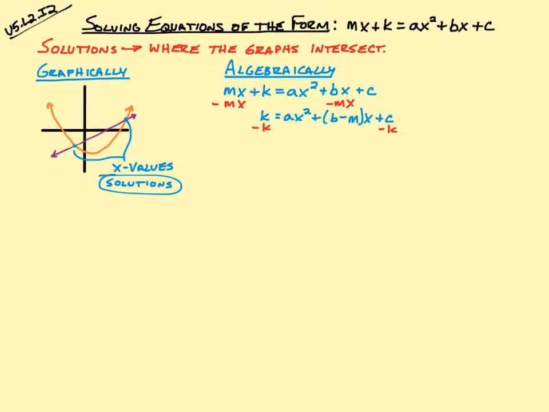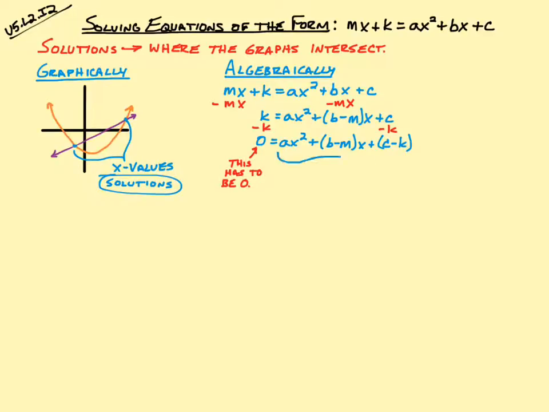And then we have to subtract k from both sides, and we'll get 0 equals ax squared plus b minus m x plus c minus k. Again, I'm grouping c minus k because if they were both constants, if they were actual numbers, we would combine them together into one. So this is just helping combine it. But one of the key things that we're doing here is we're making this other side of the equation equal to 0. So this always has to be 0.